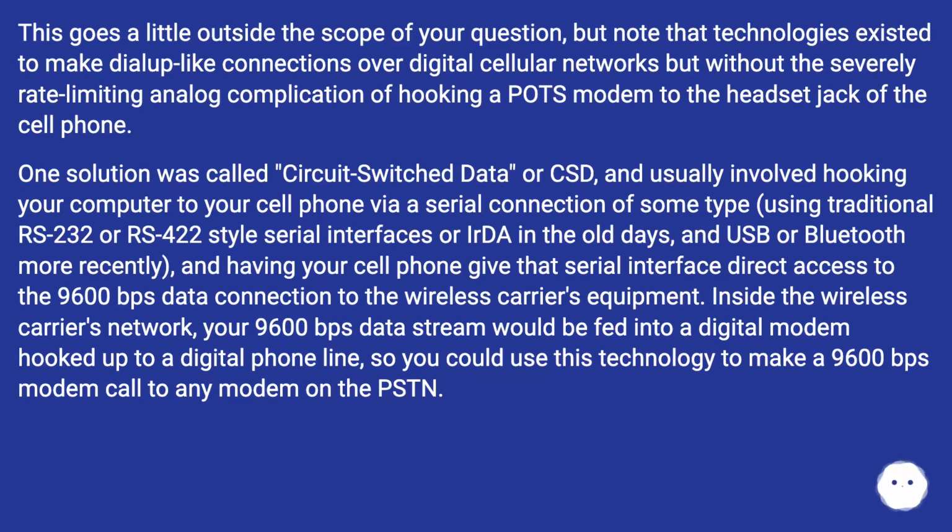Inside the wireless carrier's network, your 9600 bps data stream would be fed into a digital modem hooked up to a digital phone line, so you could use this technology to make a 9600 bps modem call to any modem on the PSTN.